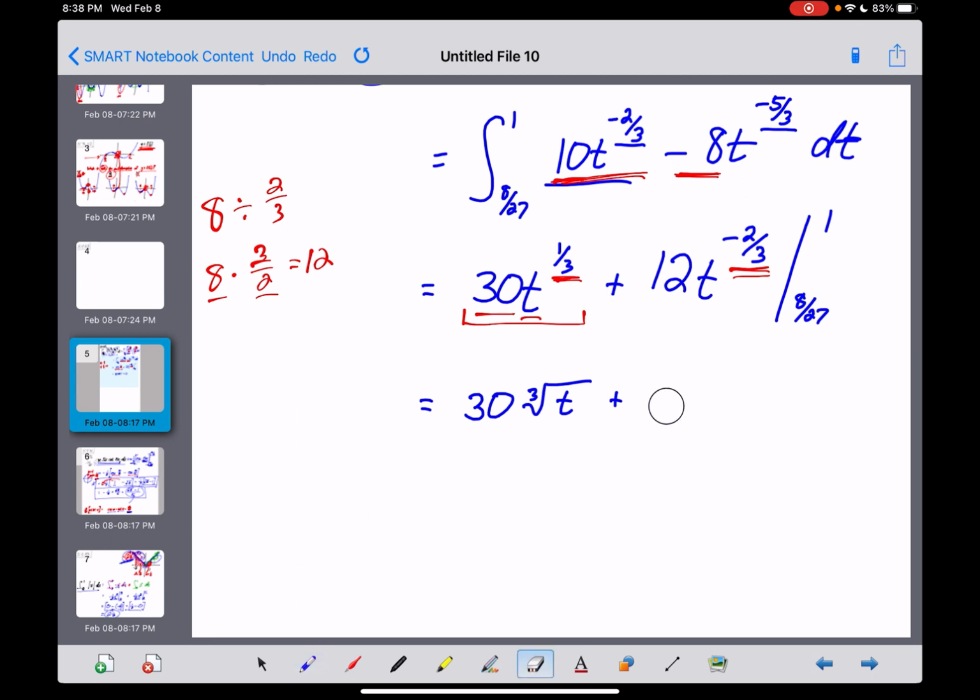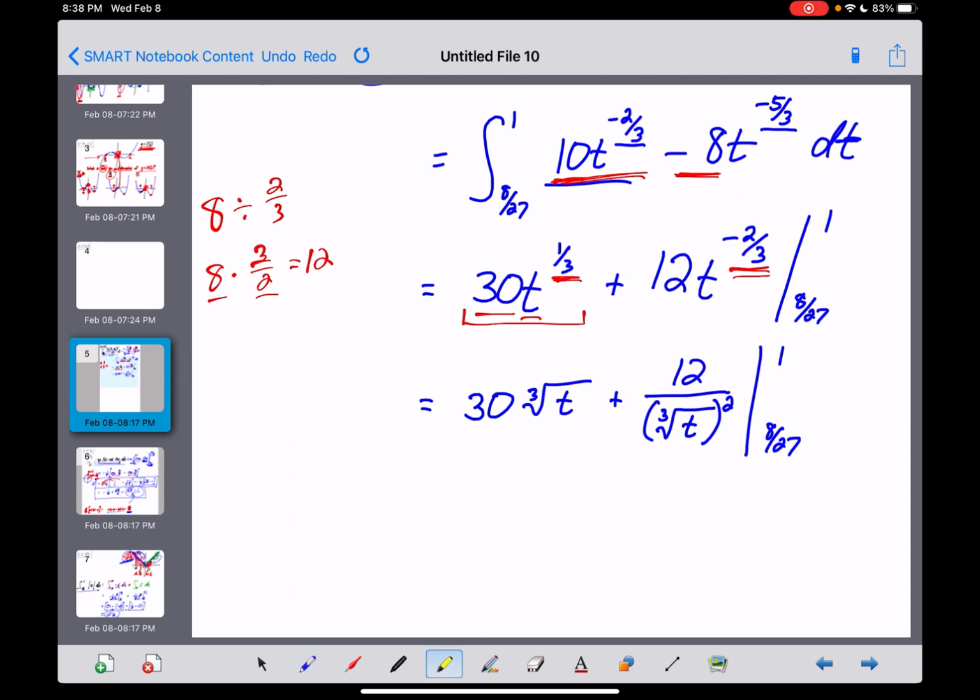So you know what? I'm going to make a fraction out of this and put a 12 on the top. And on the bottom now, it'll be the cube root of t, squared. I think it's better to do the cube root of that first and then square that result. All of which now from 8/27 up to 1.